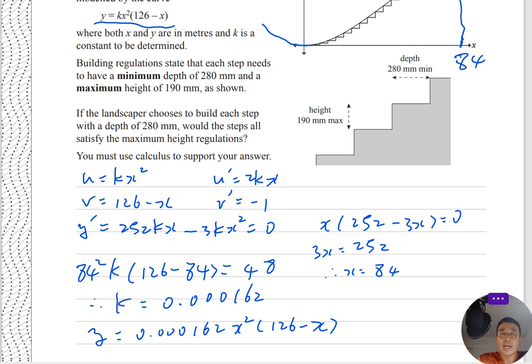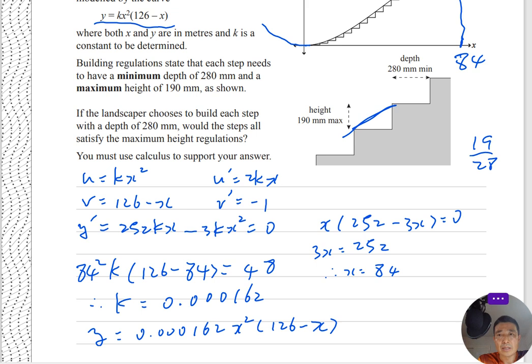All right, so we formed that cubic equation. Now we have to think of this gradient, and then we plug that into this gradient function. The gradient of each step is actually 19 over 28.